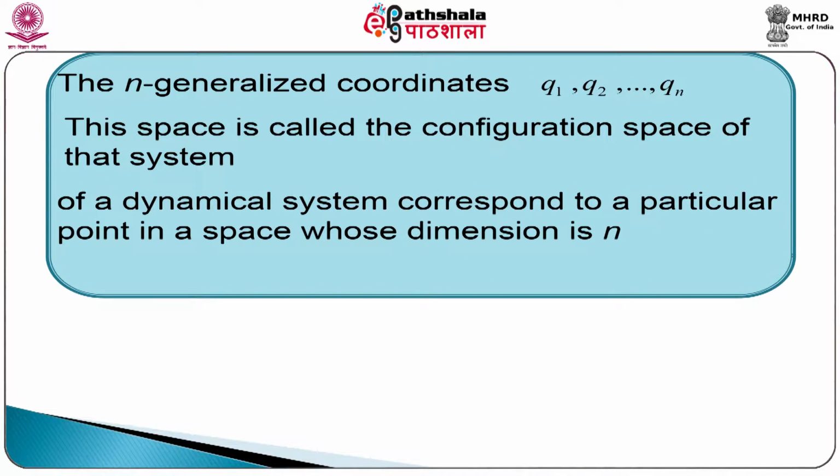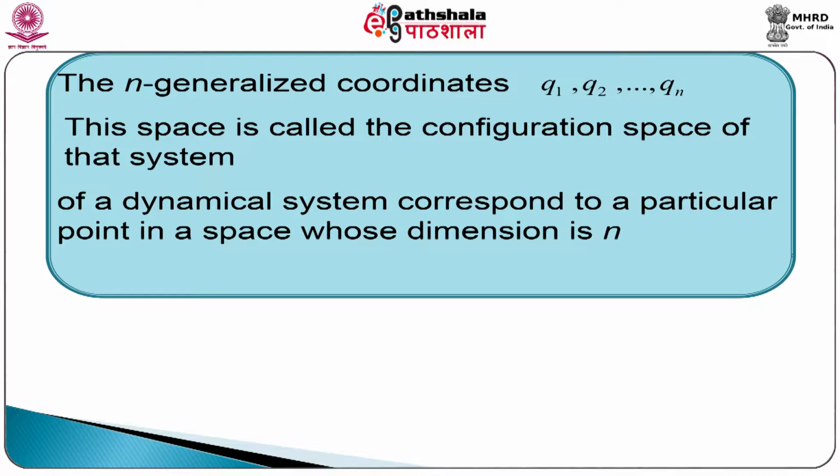First of all, let us discuss the configuration space and phase space. We shall recall it again. The instantaneous configuration of a dynamical system is described by the generalized coordinates. The n generalized coordinates small q1, small q2 up to small qn correspond to a particular point in the n-dimensional space.